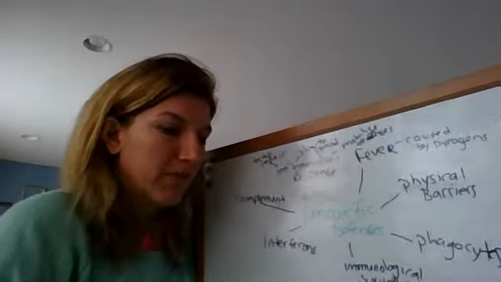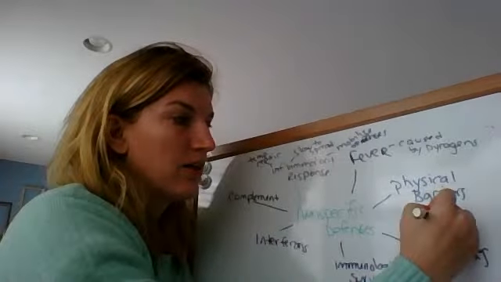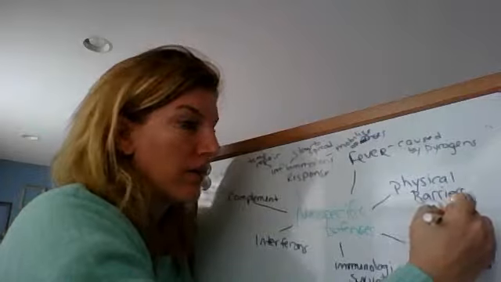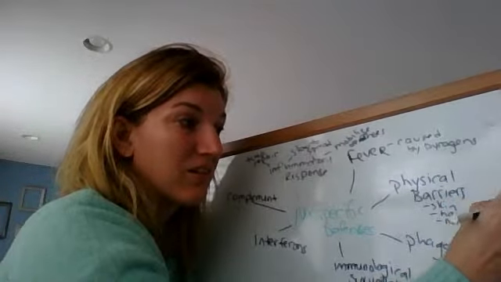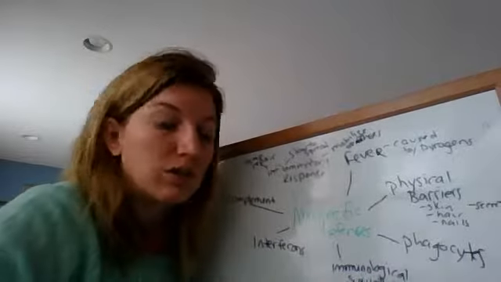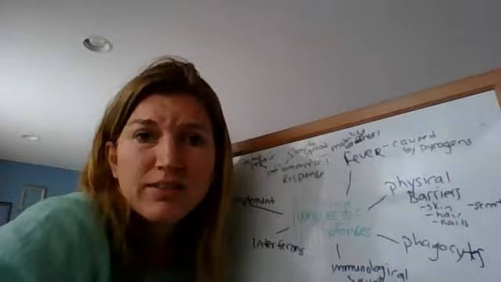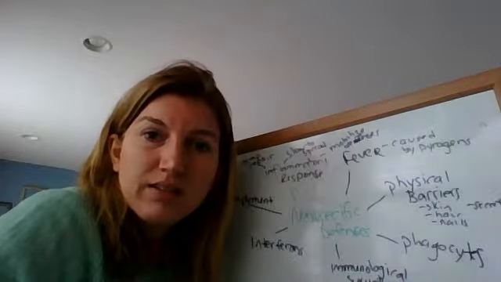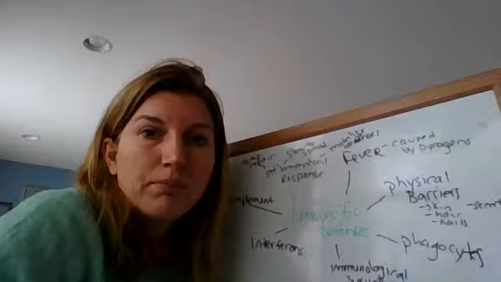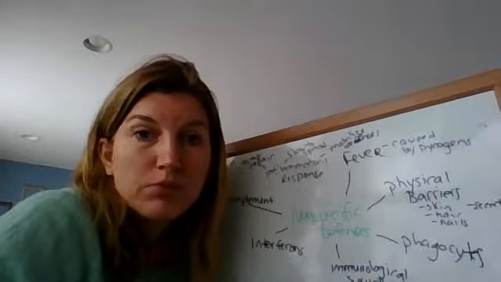You then have the physical barriers. Physical barriers are things like skin, our hair, right, our nails, our secretions. As you might recall, last semester learning about the integumentary system, all of our secretions, the oil and the sweat, they all contain lysozymes in it, or IgA antibodies to help provide immune protection.